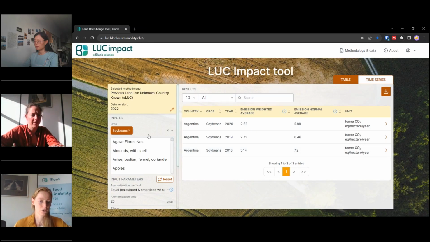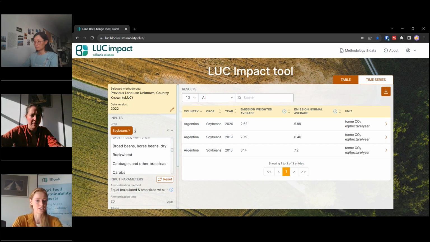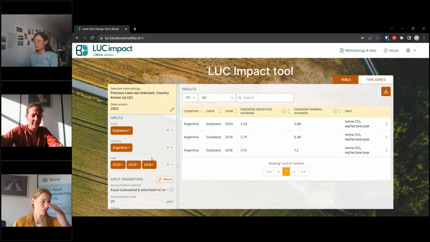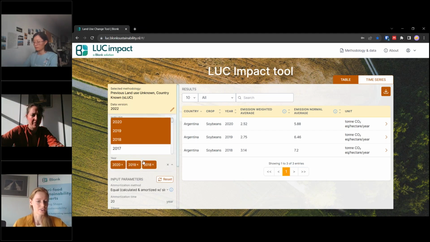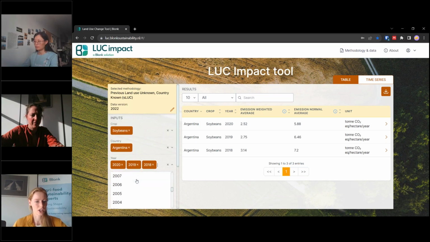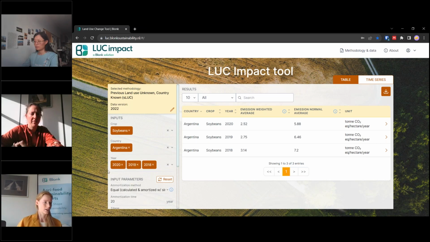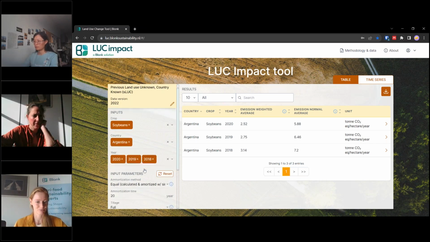So you can select different crops. You can select them or search them by typing, and you can shift select to create an overview of a lot of different crops. Same holds for countries and for years. This is also a new functionality where you're not just able to select the most recent year, but you can look back in time, if you're doing a rebaseline, so if you're switching from one methodology to the other, to trace back what your emissions were in previous years.